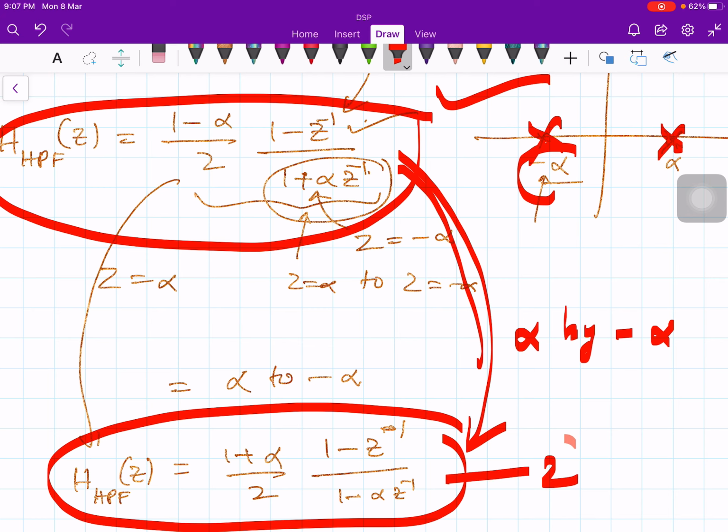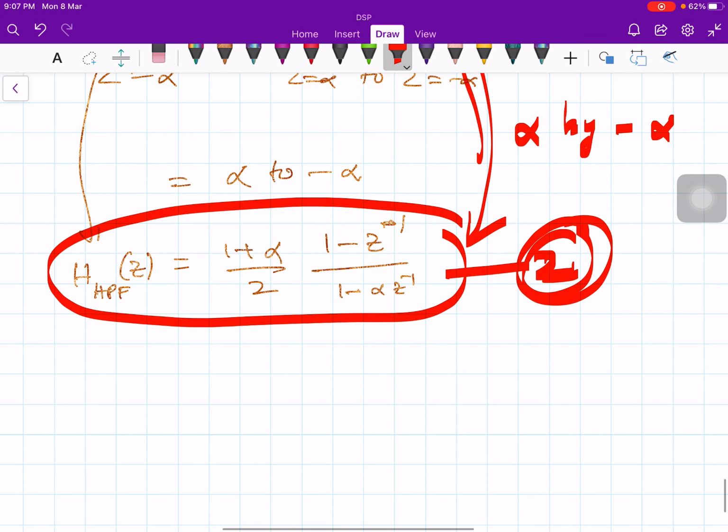Let me call this 2 and this 1. Equations 1 and 2 both represent an IIR high pass digital filter. So either you can use 1 or you can use 2. Either of them are acceptable high pass filters.